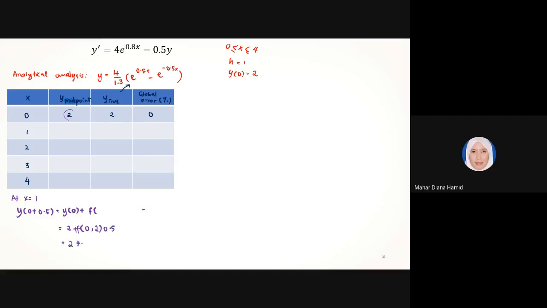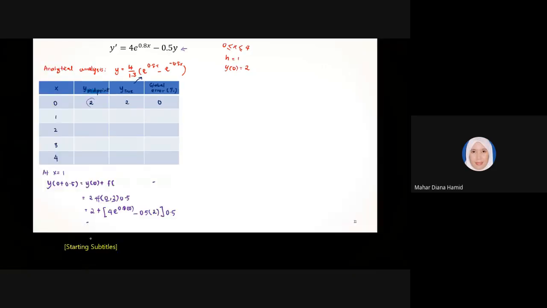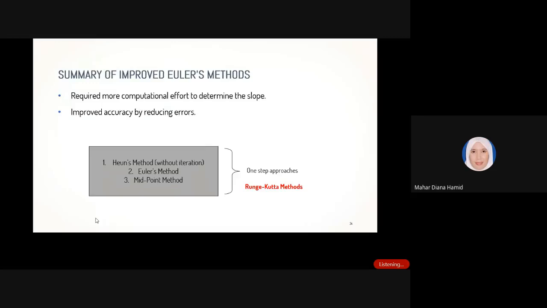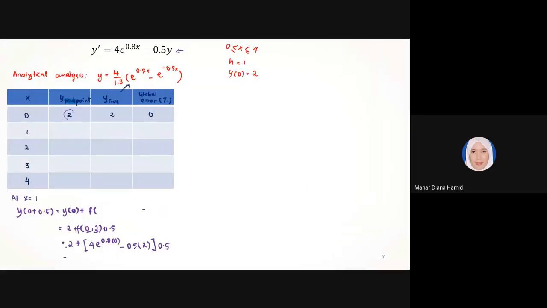So 2 plus, you just substitute 0.8 times x, so x here is 0, minus 0.y, referring to this equation, times y, so y here is 2, times 0.5, so it would be equal to 3.5.